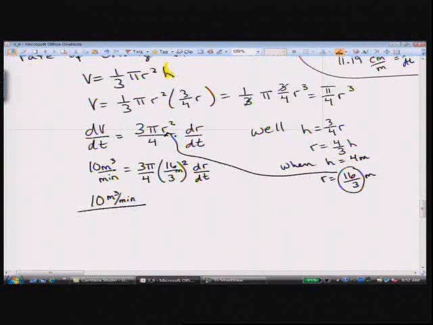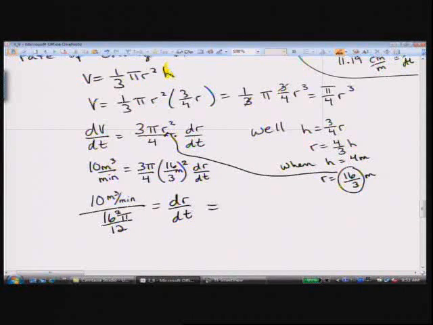You can just divide by all of this junk if you want. 3 pi times, you'll have a 3, you'll cancel, you have 1/3 there. So this will be 16 squared pi over 12. Do you see that? Is equal to dr/dt. And so you can type that into your calculator and then convert it, and you should get 14.92 centimeters per minute. So I typed it in and then I converted it.